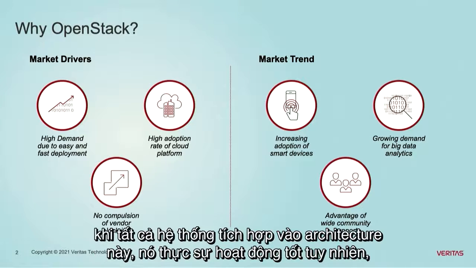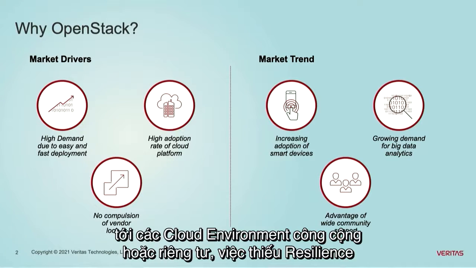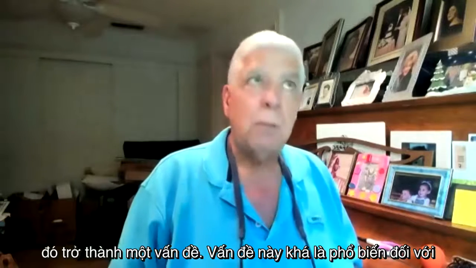When all your systems integrate into this architecture, it really works well. However, as more companies move existing workloads to public or private cloud environments, that lack of resiliency really becomes problematic.